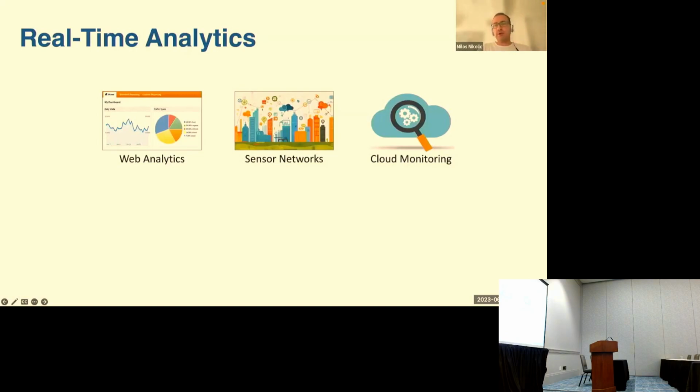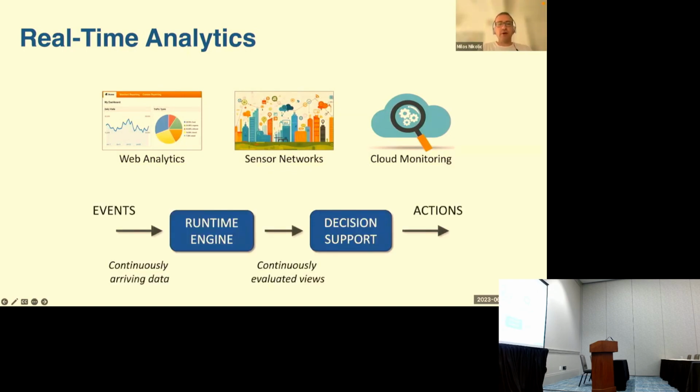Our work is motivated by applications that require real-time analytics over rapidly changing data sets. Examples like web analytics, sensor networks, and cloud monitoring are all instances of domains where applications would need to monitor some state of the world. On a very high level, the general model of these applications can be described as follows. As input to these systems, we have streams of continuously arriving data.